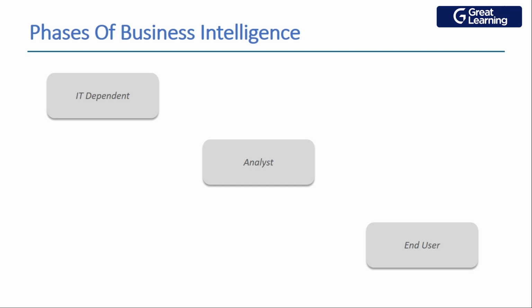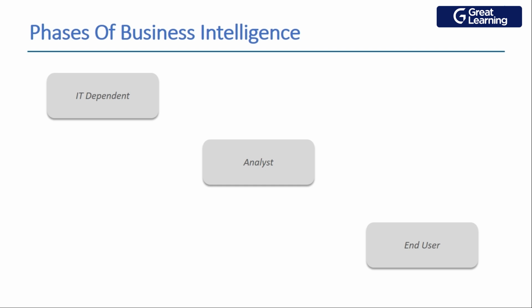But once this was done, there were still dependencies. In order to understand this data, we needed to go to the analysts who could clean this data further, run mathematical models on top of it and give us insights. And post that, it would come to the end user who could then present it.